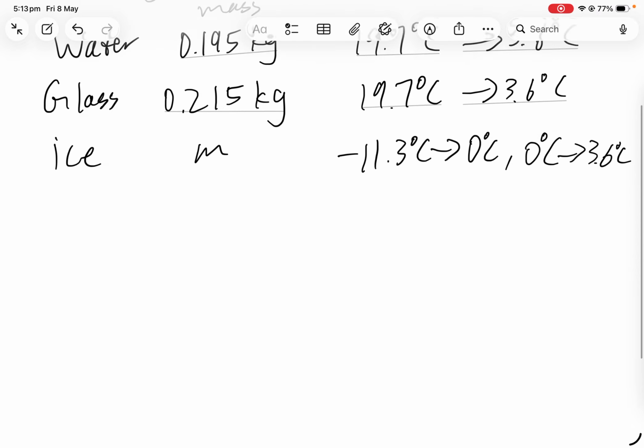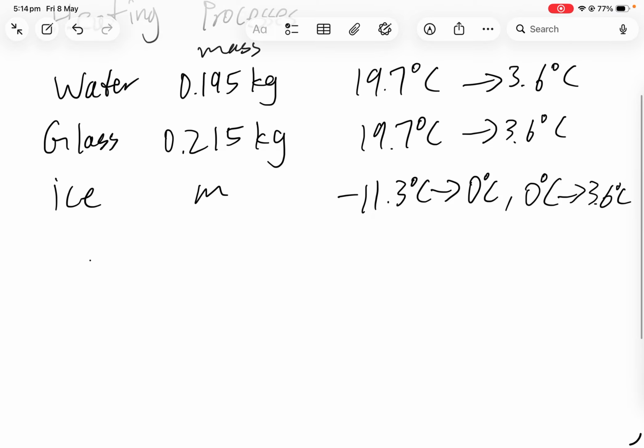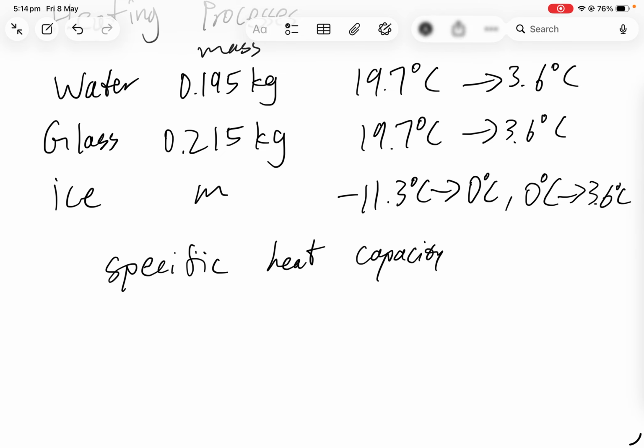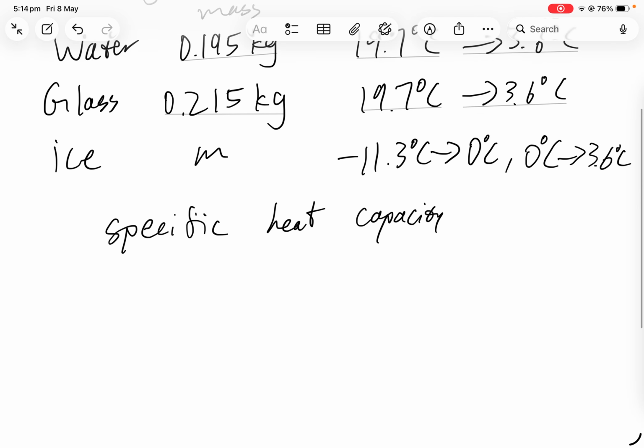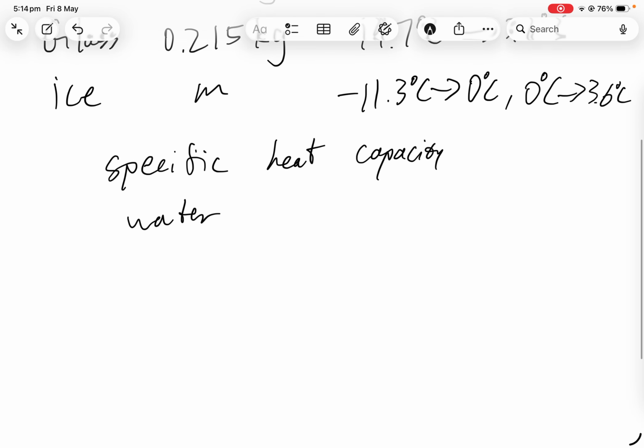Actually, we want the specific heat capacity for each of these. First, we know that water is 4180 joules per kilogram per degree Celsius.